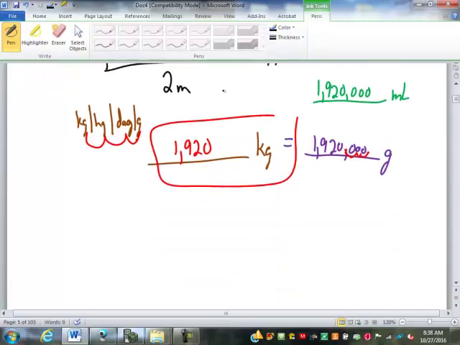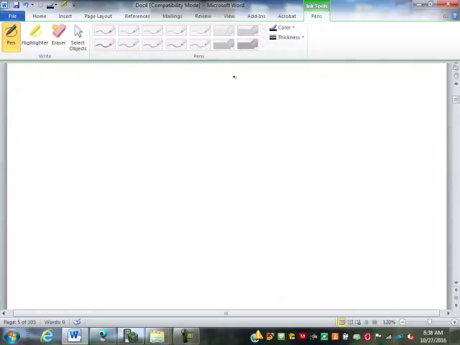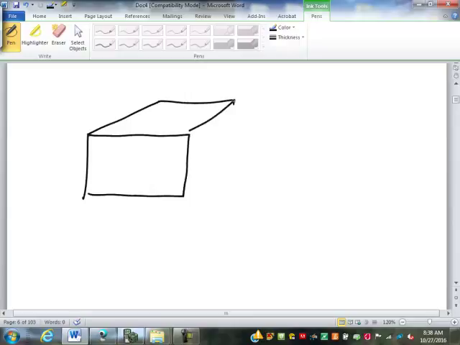Similar to that, let's say I give you a tank like this and say that this is 4 feet, 3 feet, and 2 feet.